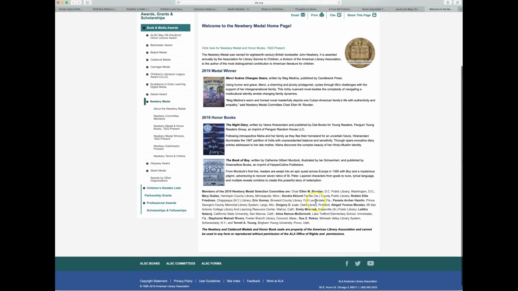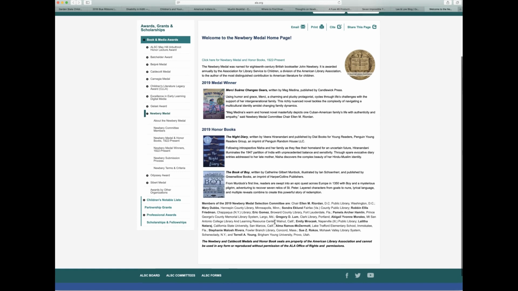And you can see here they list the people who are on the committee. What's interesting about the ALA committees is people who were on the committees are never allowed to speak about the deliberations that go on behind closed doors, even years after they happened.